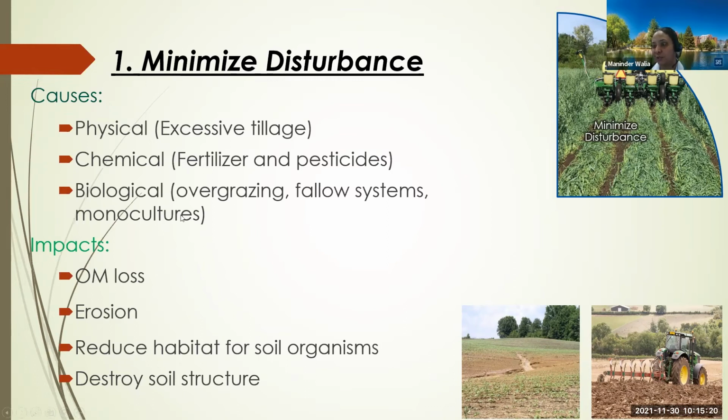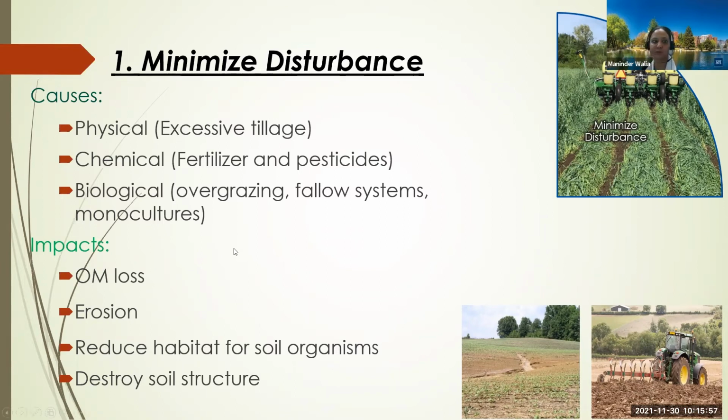Biological causes can be there, such as overgrazing, fallow systems, keeping the soils fallow for an extensive period of time, or just repeating the same crop over and over on the same piece of land, as these lead to a reduction in the root mass and also increase the runoff losses. These factors also lead to a reduction in organic matter, thus reducing aggregation, increasing erosion, and reducing the habitat for soil organisms.